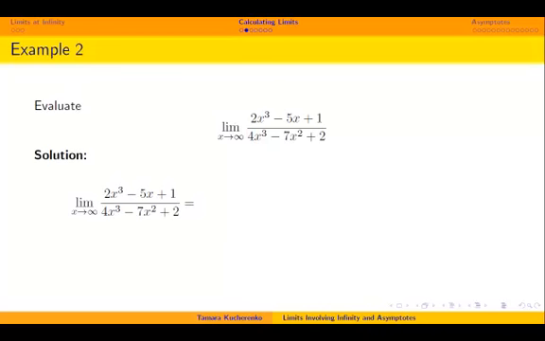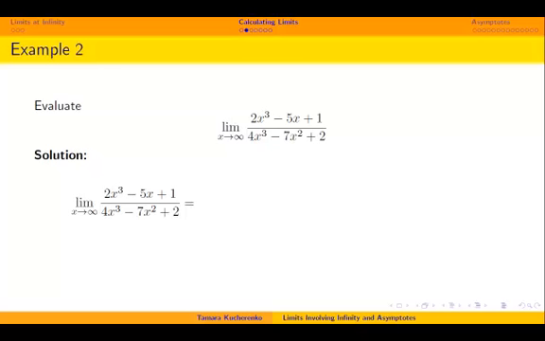To evaluate the limit at infinity of any rational function, we first divide both the numerator and denominator by the highest power of x that occurs in the denominator.